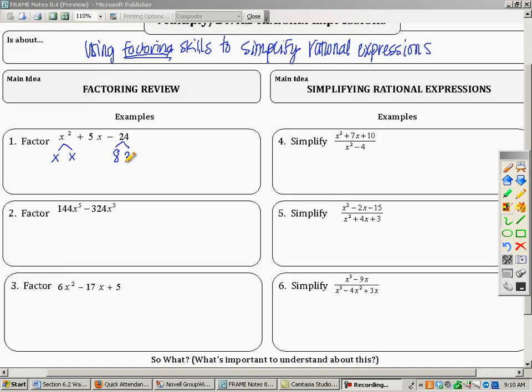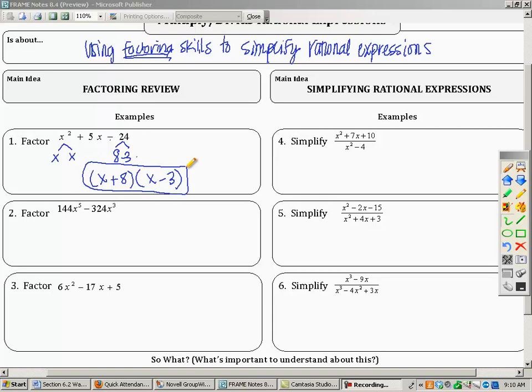Now, one of these has to be negative to get a negative 24, and because I want a positive 5, I want the bigger number to be positive, so it's going to be a negative 3. So my two factors are x plus 8, because it's a positive 8, and x minus 3, because it's a negative 3. Okay, and that's stuff that we worked on yesterday.